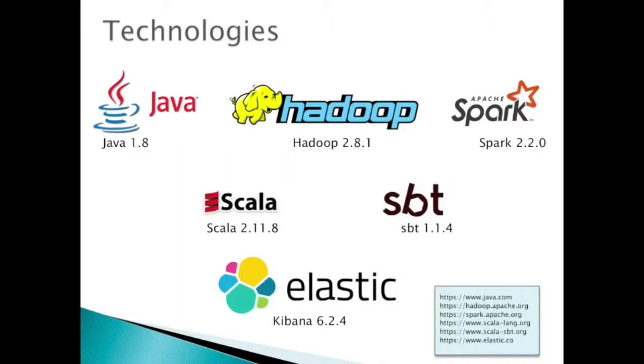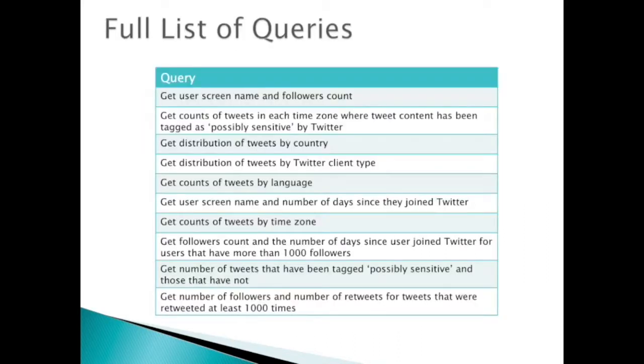Technologies for the project were Java 1.8, Hadoop 2.8.1, Apache Spark 2.2.0, Scala 2.11.8, Scala build tool 1.1.4, and the Kibana package is part of the Elastic package 6.2.4. The full list of queries is here.